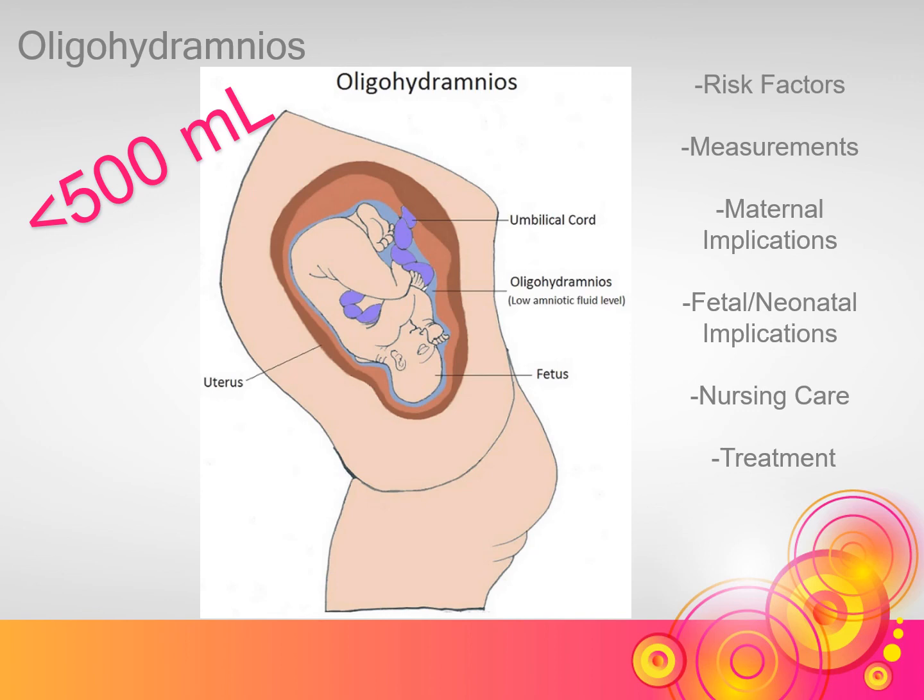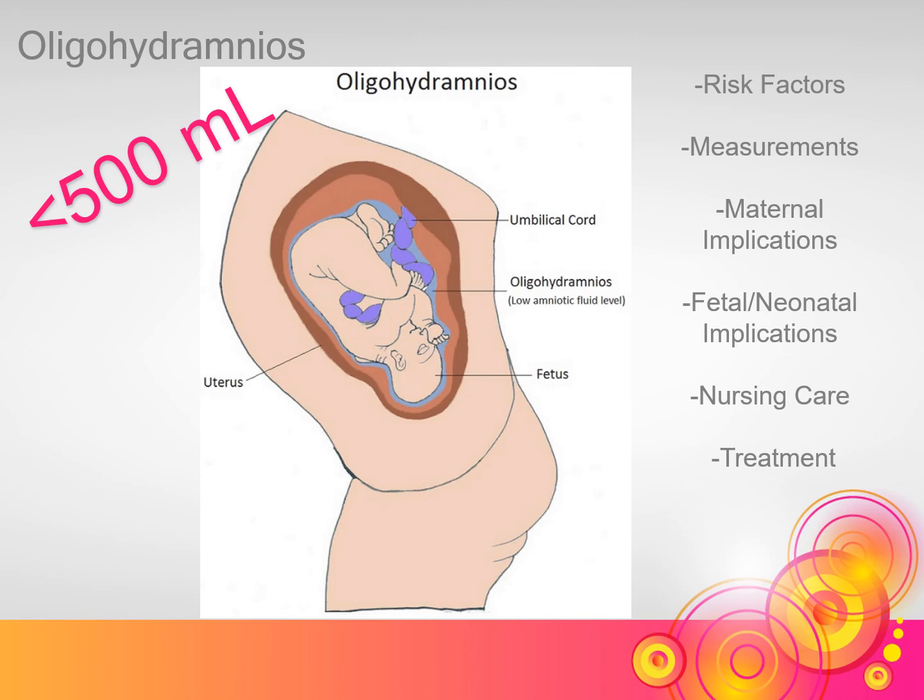Risk factors include your IUGR, fetal conditions such as renal malformation, so this means that the kidneys are not adding to the amniotic fluid, post-maturity, and maternal hypertension. Your measurements here, so this would be an amniotic fluid index of less than 5 centimeters, or if we measure a single pocket, then it would be less than 1 to 2 centimeters.